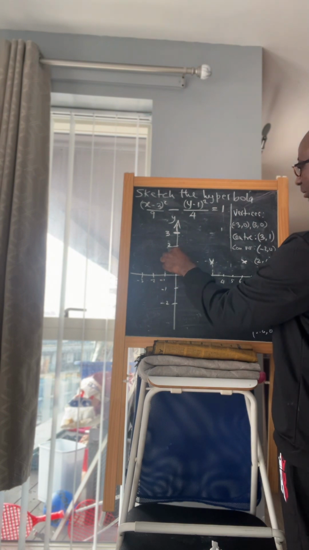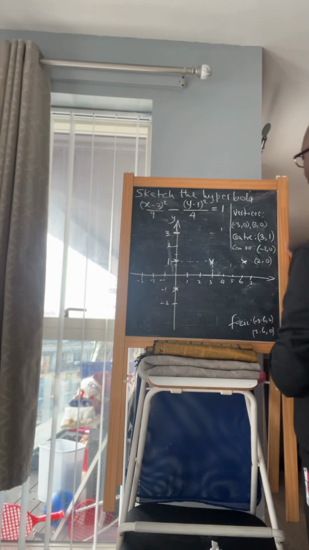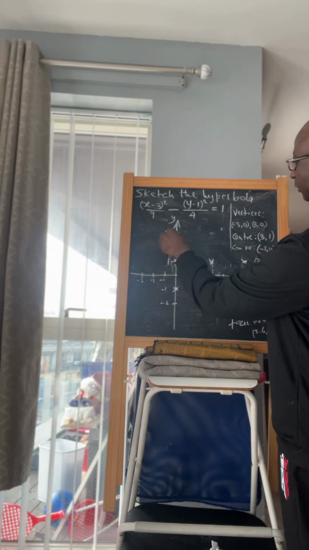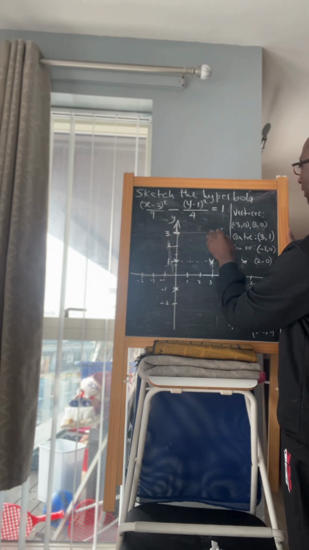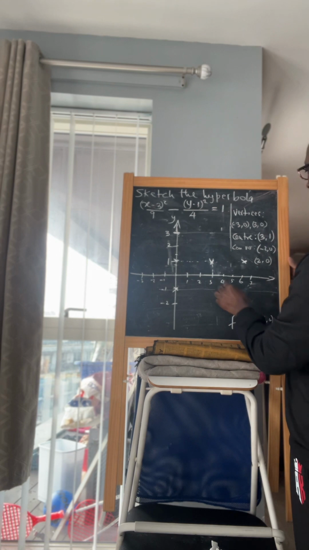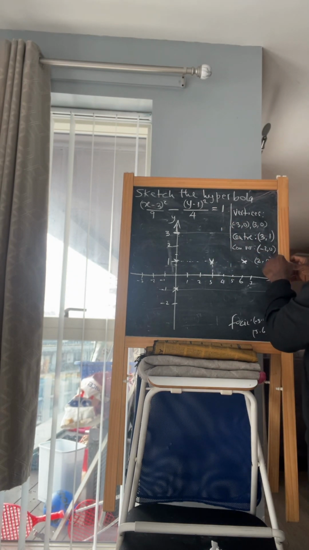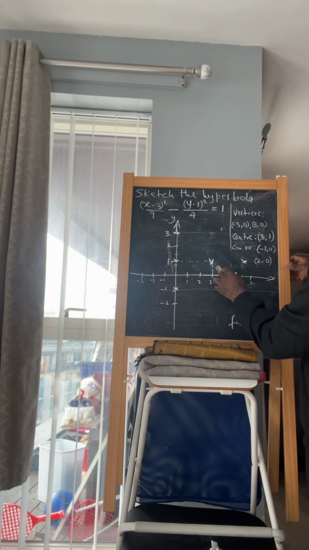And from the center again, you count 1, 2, so it's going to be here. So all you need to do is draw straight lines, and where they intersect, this is our center.